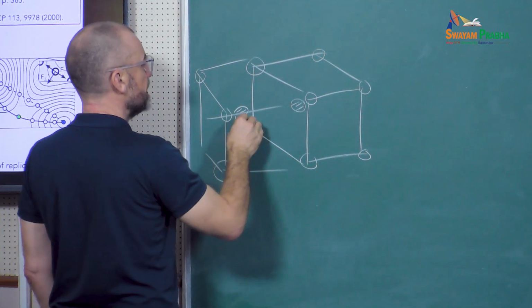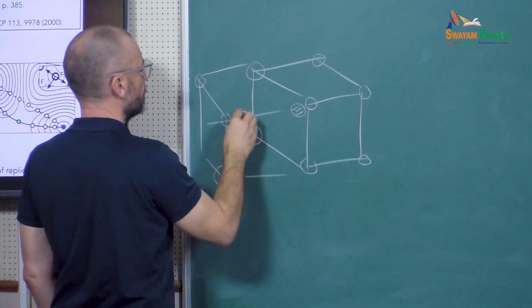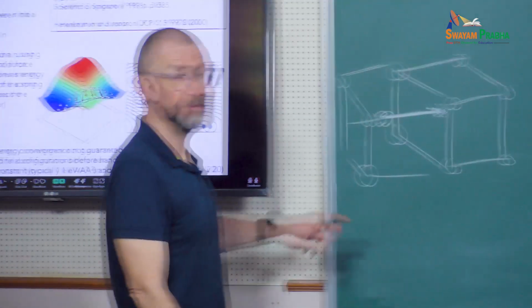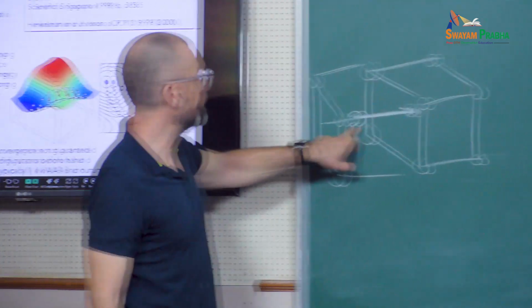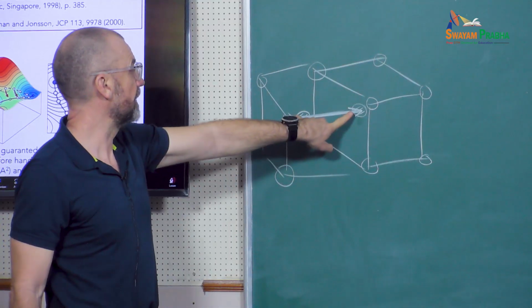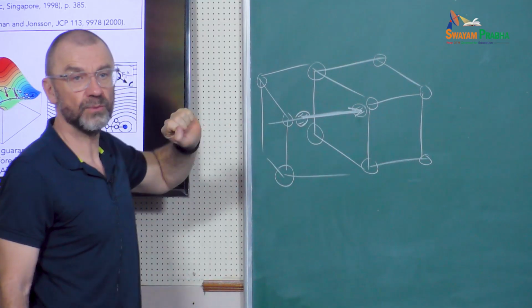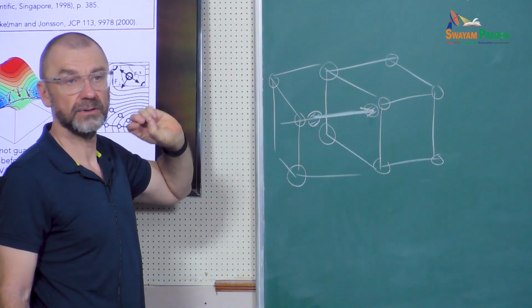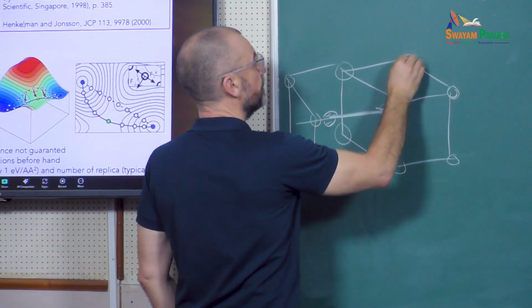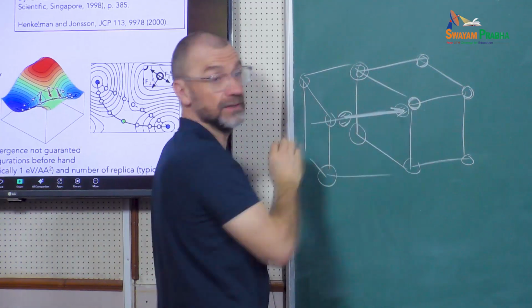The displacement is either in that direction or that direction, but the displacement is this. So I'm taking the center of the next cell to go in the vacancy. But this is the second neighbor, because where are the first neighbors? At the corners, right? These are the first neighbors of the vacancy.